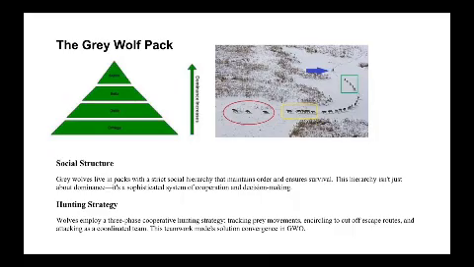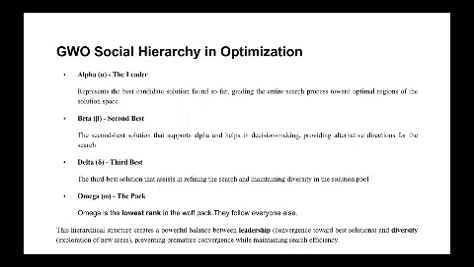This hierarchy isn't about dominance; it's about a sophisticated system of cooperation and decision making. In their hunting strategy, the wolves employ a three-phase cooperative strategy: tracking prey movements, encircling to cut off escape routes, and attacking as a coordinated team. This teamwork models solution convergence in Greywolf optimization.